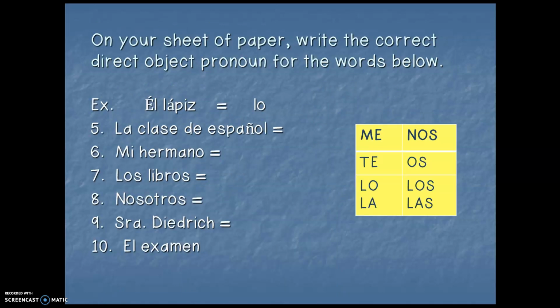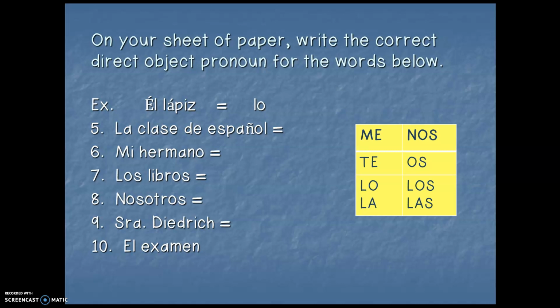On your sheet of paper, write the correct direct object pronoun for the words below. For example, if I had the word lápiz, I would write lo. For number 5, what direct object pronoun from the chart would I use to replace la clase de español? Correct, la.